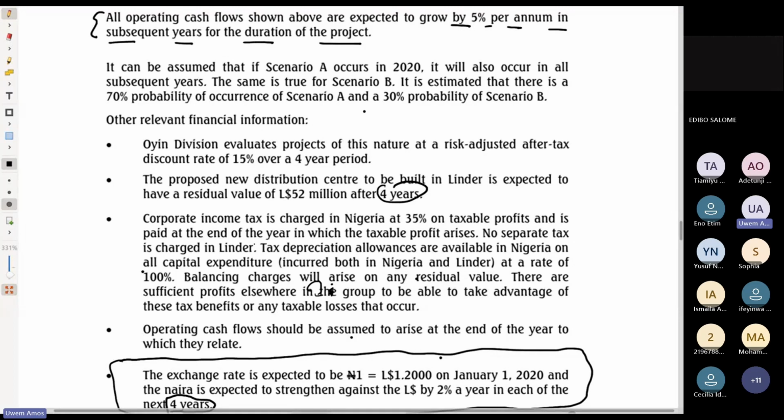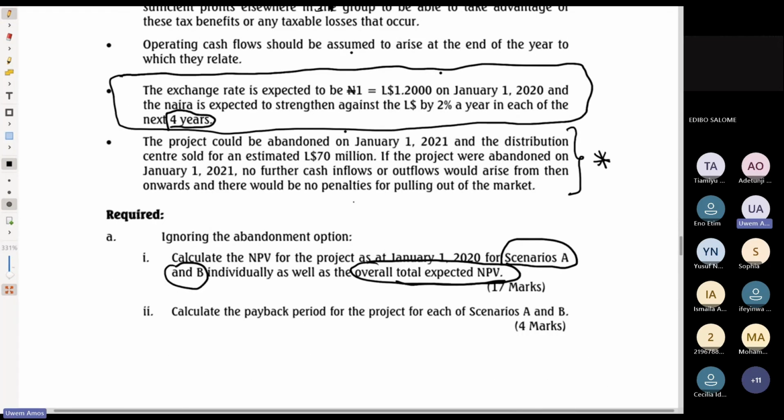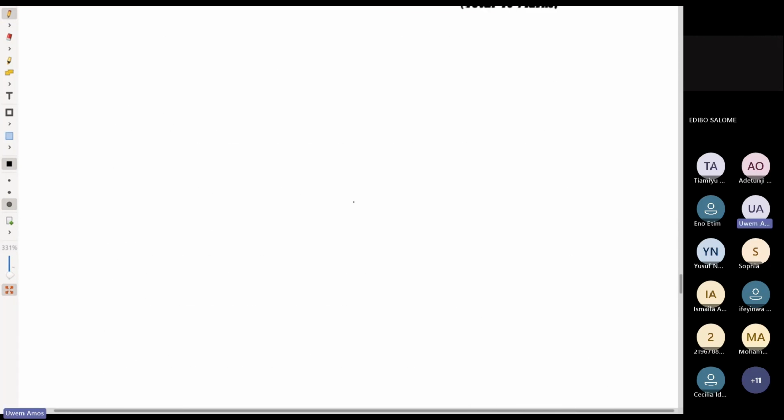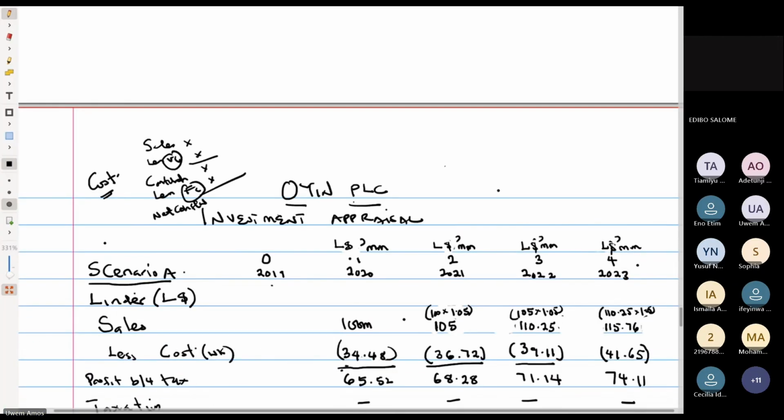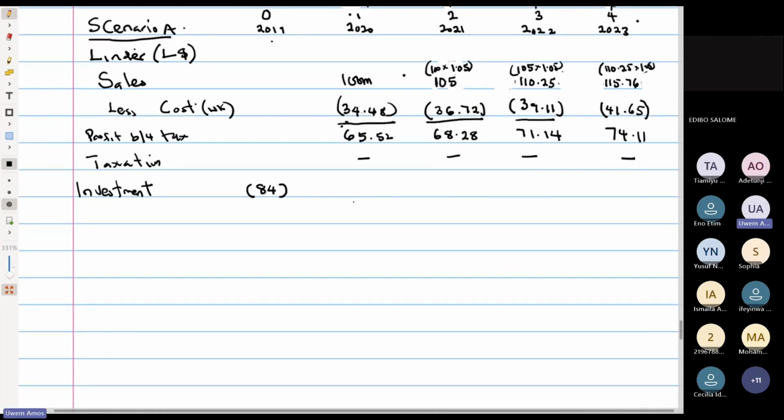It says right here in point 2, a proposed new distribution center to be built in Linda is expected to have a residual value of 52 million after 4 years. So at the end of our 4th year, we're done with the project, we've closed out. We're going to sell the distribution center for an inflow, a positive value of 52 Linderian dollar.